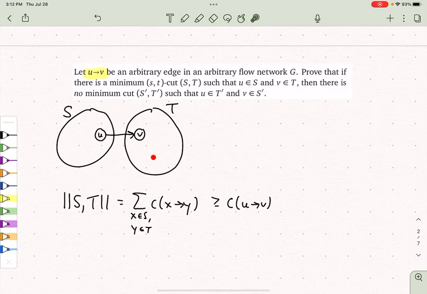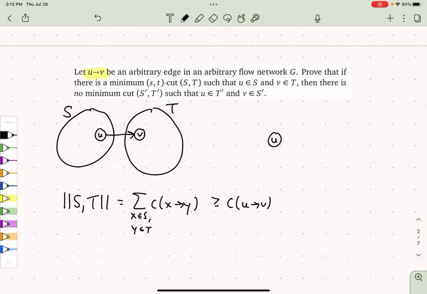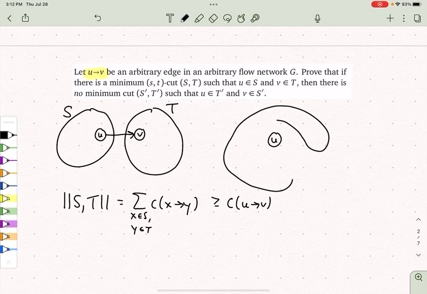So what if we moved U over here and V over here? So maybe it'll look like this, where, I drew that a little wrong, this is now S prime, and it contains V, and now the rest of it, this is T prime.